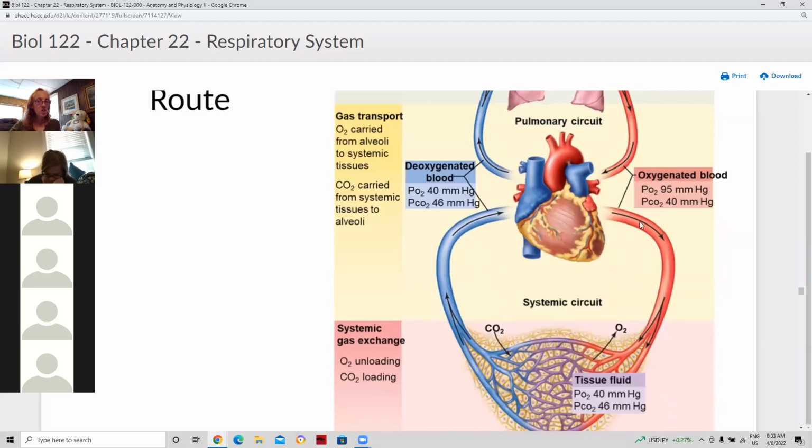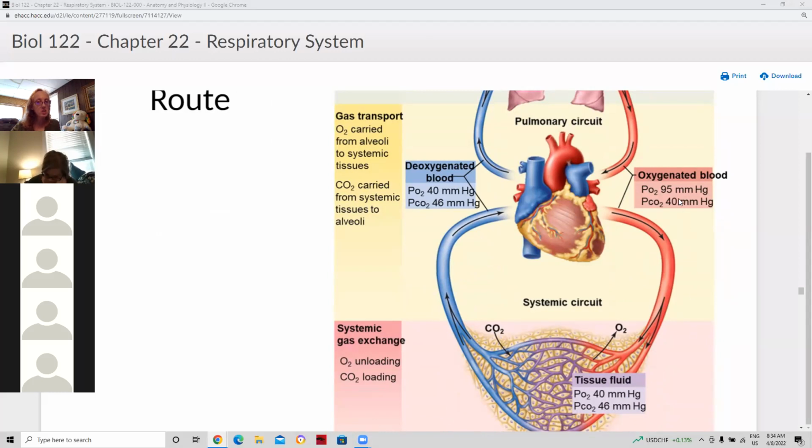It then starts to flow throughout the systemic tissues. And in the tissue, the interstitial fluids and tissues, the partial pressure of oxygen is 40 millimeters of mercury, and the partial pressure of carbon dioxide is 46.